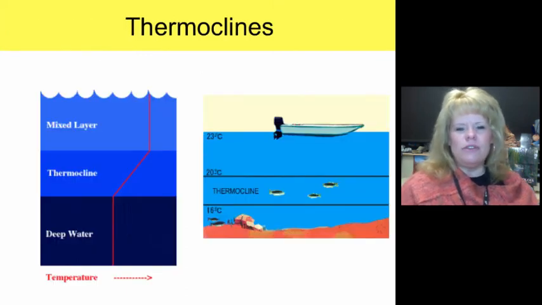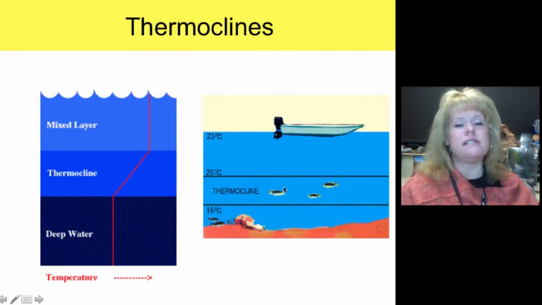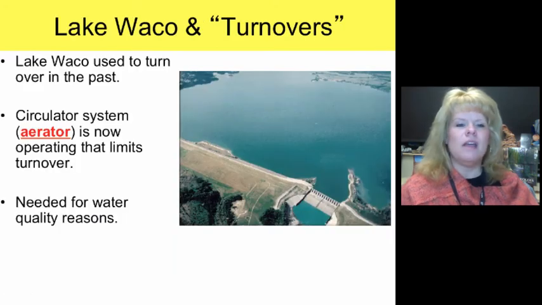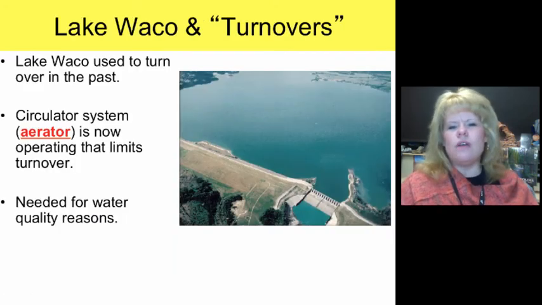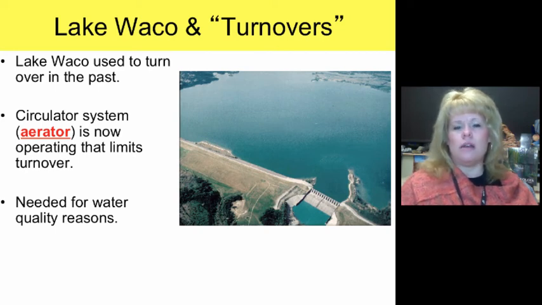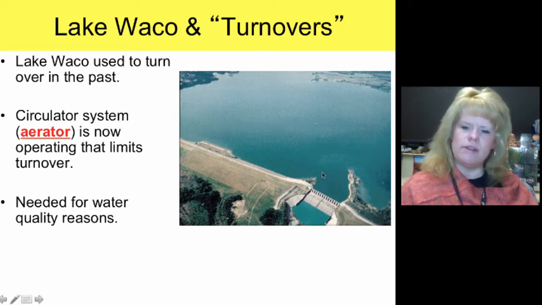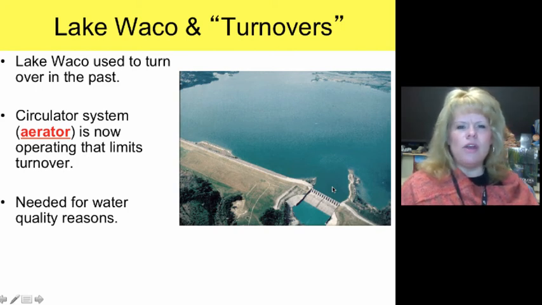So thermic lines are simply these areas that have these shifts in temperature, and those vary from season to season in a lake. In Lake Waco, we do not have full-scale turnovers like most lakes do. And the reason is that we have an aerator installed at the Waco Dam. An aerator is simply a device that spins water.